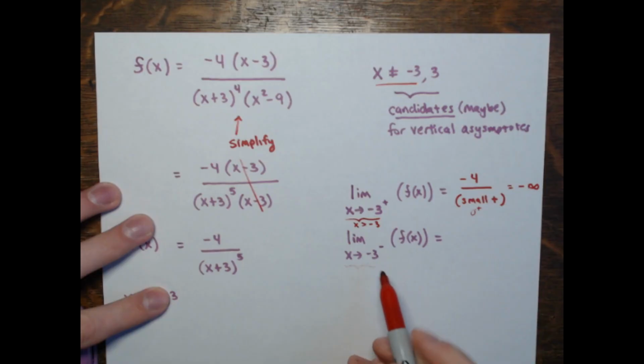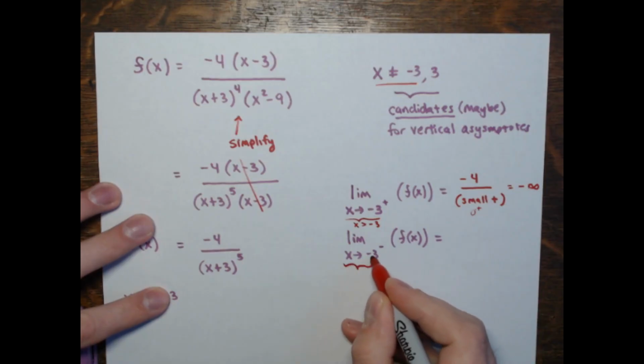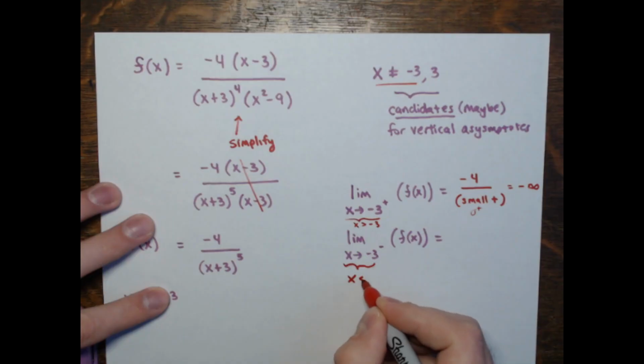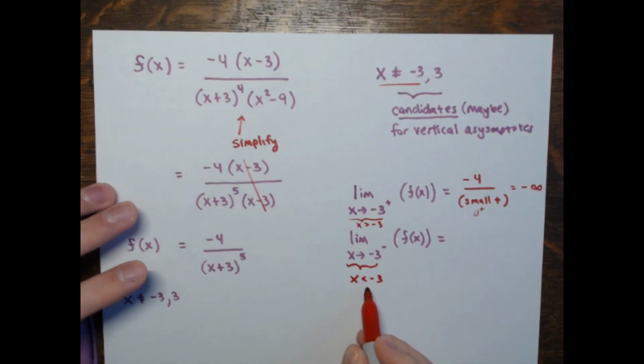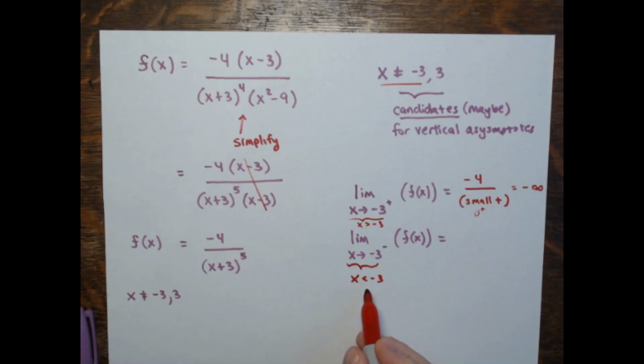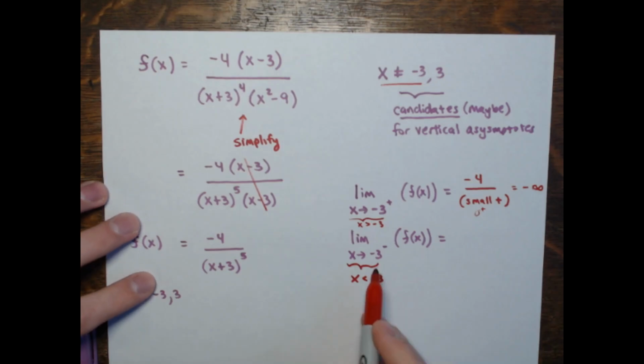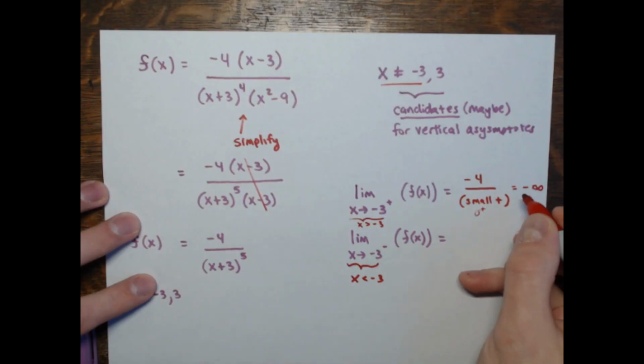Now for the left side limit, again, x is approaching negative 3 from the left, which means I'm plugging in values less than negative 3, like negative 3.1, right to the left of negative 3 on the number line. Well, if I put in negative 3.1 or negative 3.01 and then add 3, it's still negative, but small.